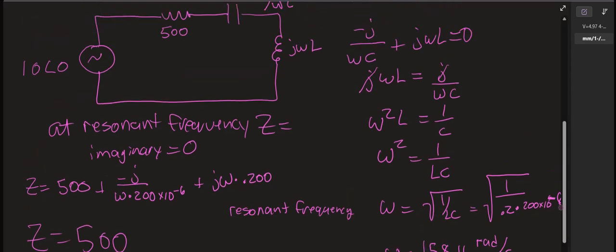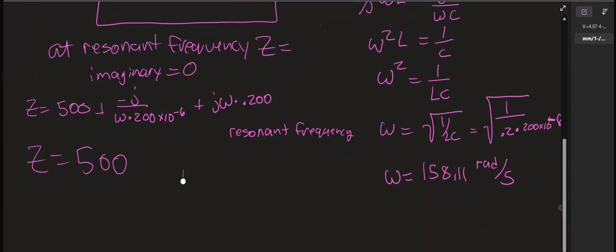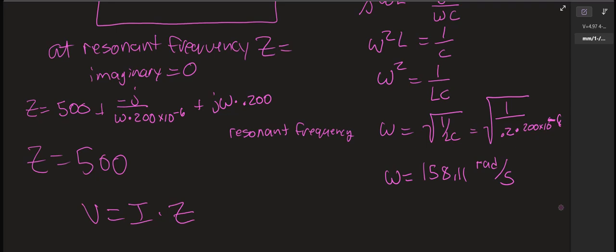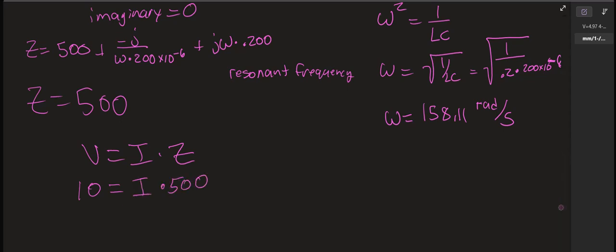And now the other part of the problem says find the current and the voltages for the frequency found in part A. So the current, V equals I times Z, and V was 10, equals I times 500.